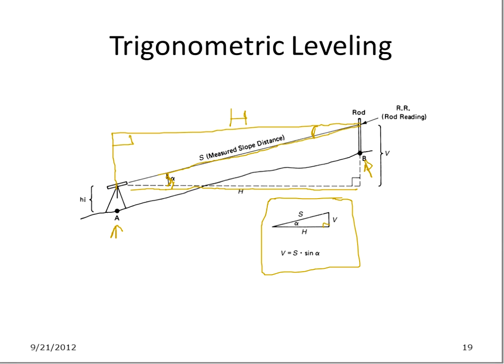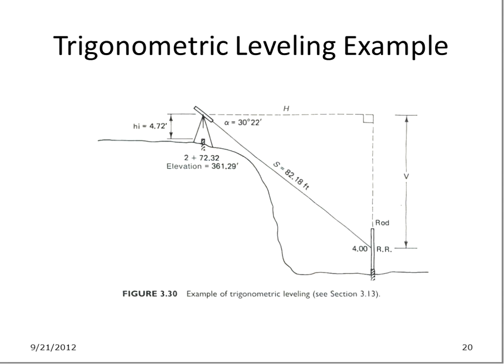We know from our trigonometric relationship that V, this vertical distance between the center of the instrument here and here, our rod reading, we know that V right there is equal to the slope distance times the sine of this angle here. So we can calculate this entire distance there.